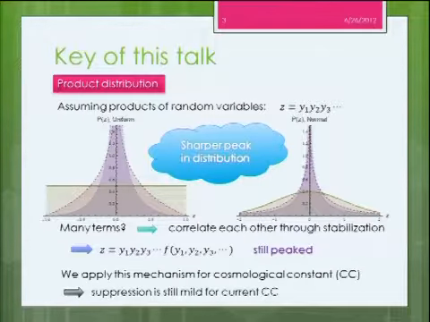Even in the presence of many terms, because string compactification requires all terms to be correlated with each other through the stabilization dynamics, that finally gives us this kind of form, where we have some coefficient given as a product of random variables, and also some function here. But we finally see that this z still peaks around the 0 region. This is the key point in this talk.